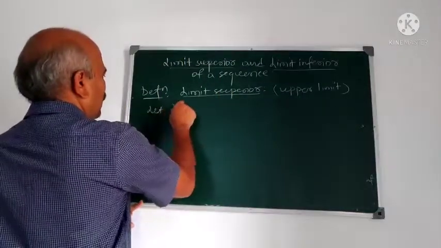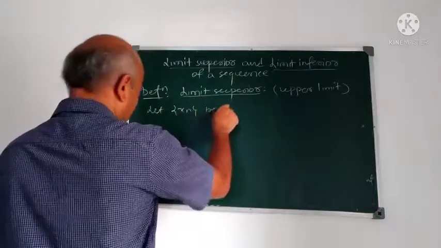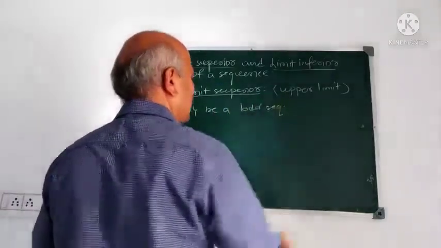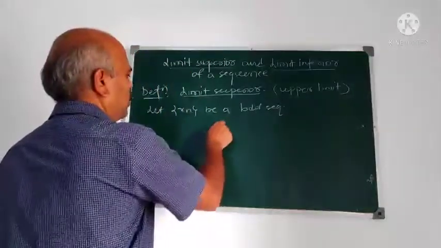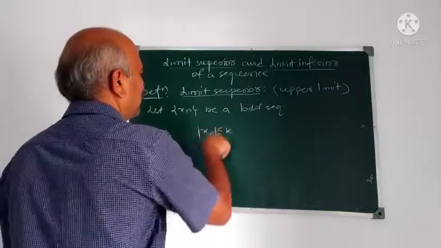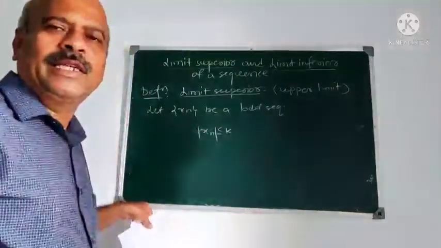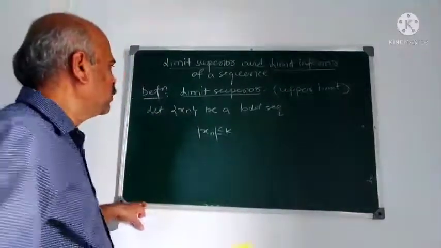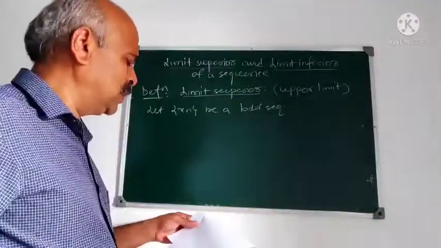Let Xn be a bounded sequence. You know the definition of bounded sequence. When you say that Xn is bounded, mod Xn is less than or equal to k for all n, then we say that Xn is bounded.